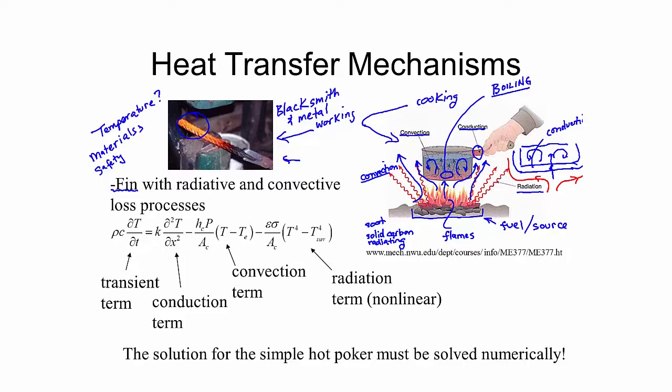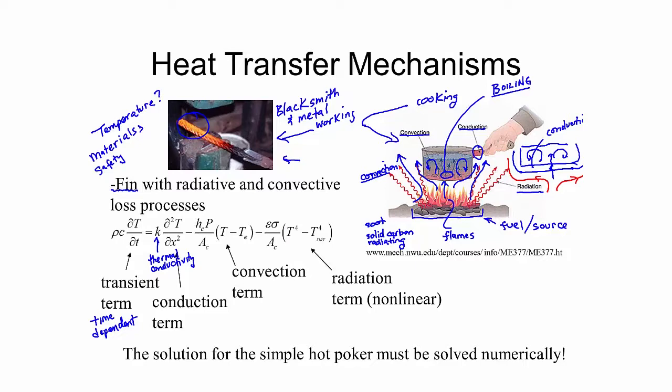But what you see is that there are transient terms, which means that these are time-dependent terms, and that there are terms that take into account conduction. We'll find out that this k parameter is called the thermal conductivity, that it is an intrinsic material property, and that it helps us understand how heat is transferred in these conduction processes.